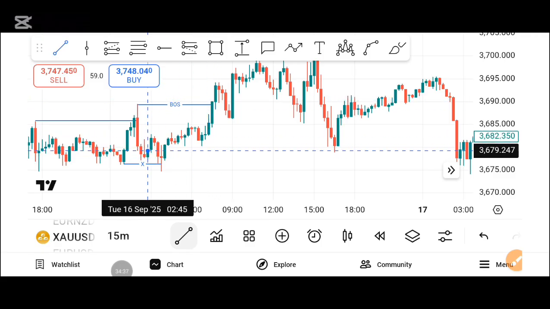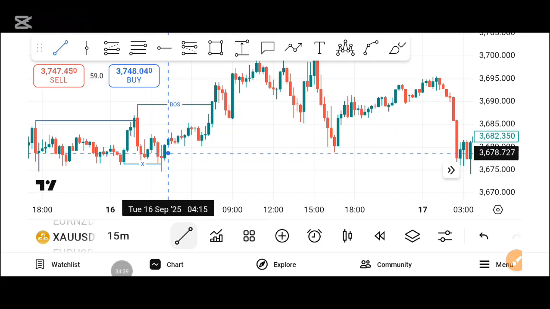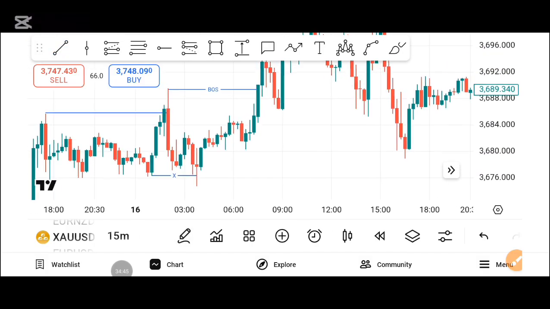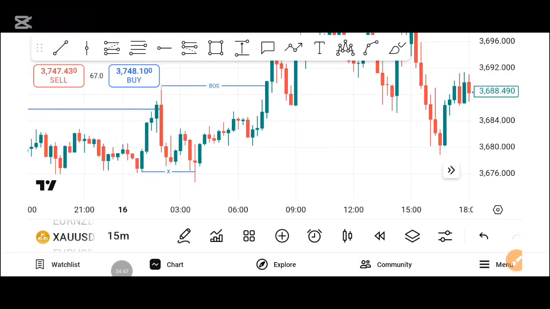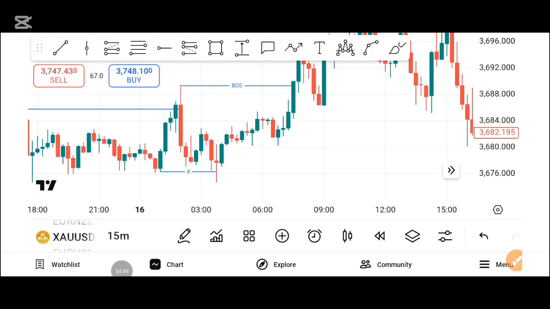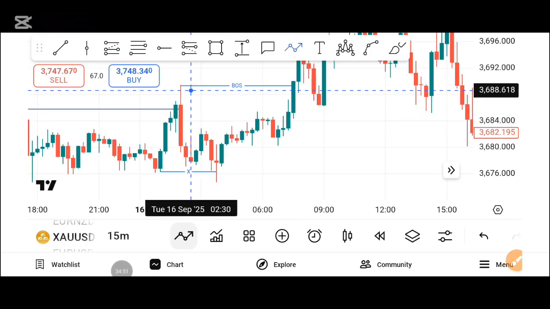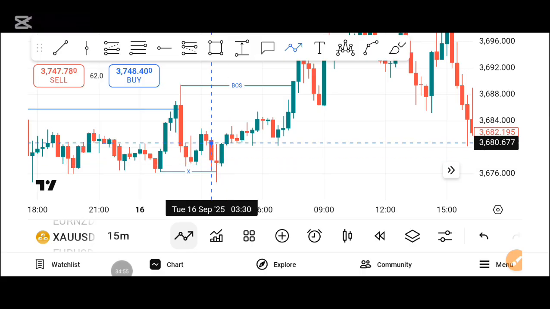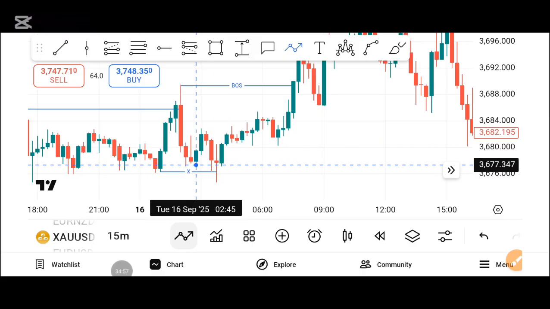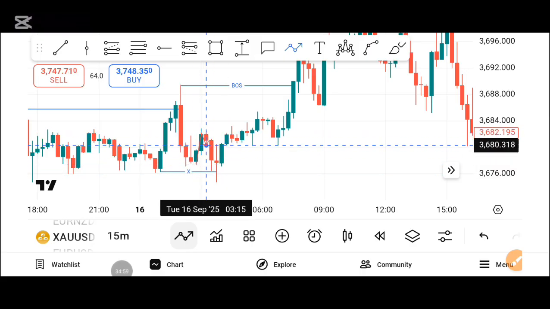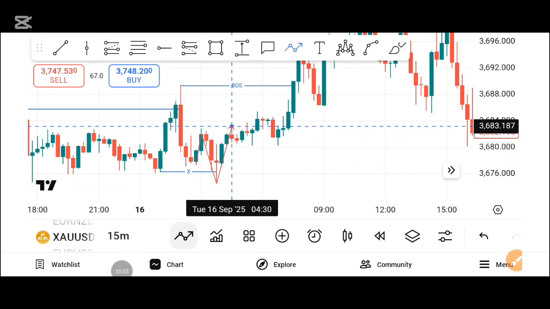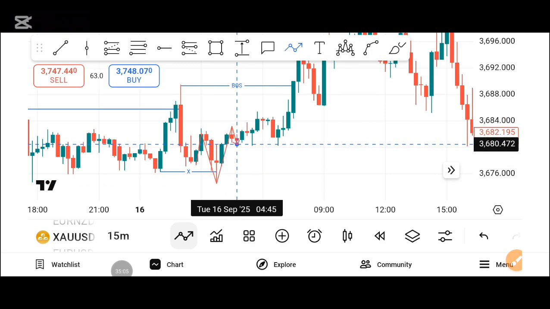All these are internal structure, guys. Price retraced back here to take out this inducement, and after this inducement was taken, we have a break of this high here, then a retrace.